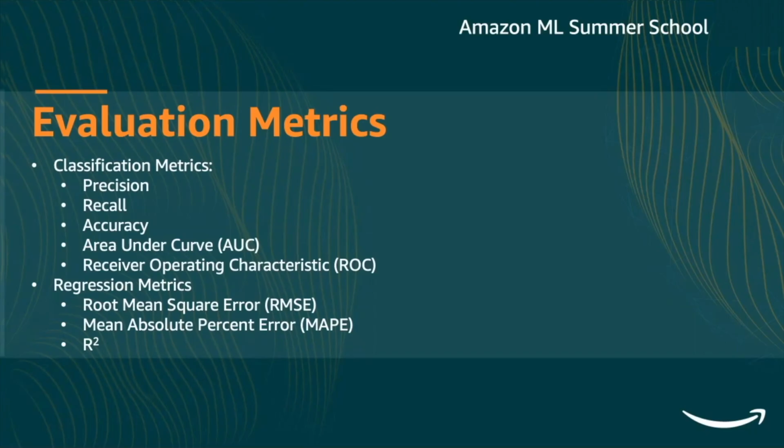You make improvements to the model based on those metrics, and then you continue that process until you achieve a desired level of, let's say, accuracy. Now, the choice of the metric completely depends on the type of model and the problem at hand which you're working on. So we shall cover the following classification and regression metrics as shown on this slide.